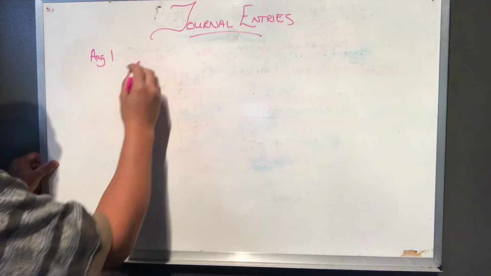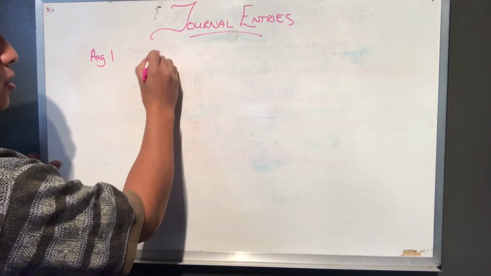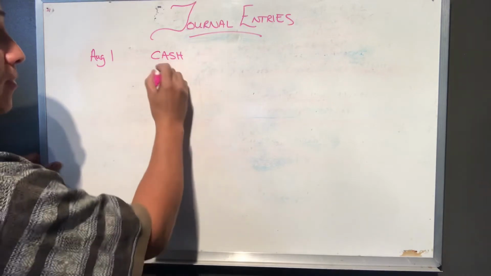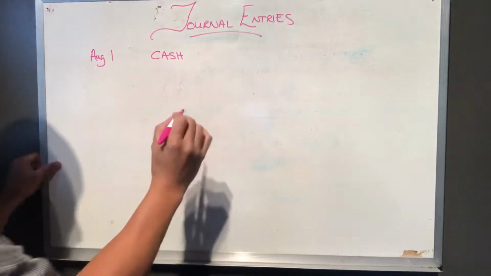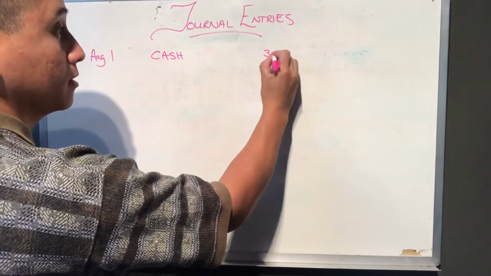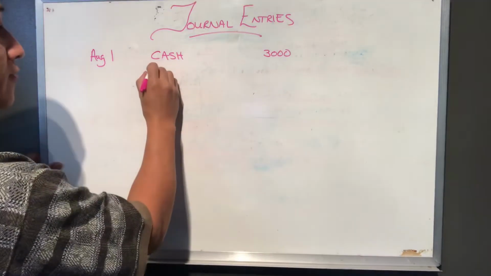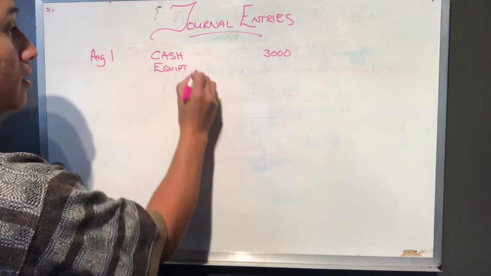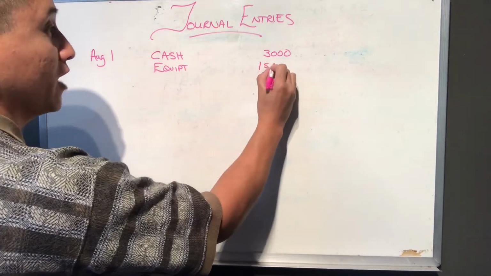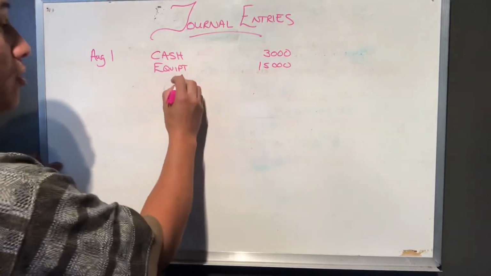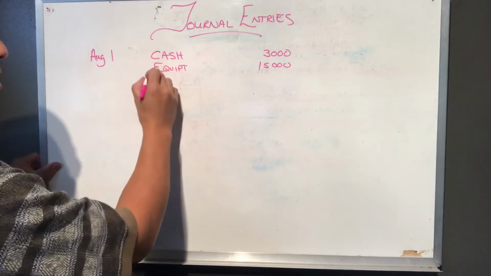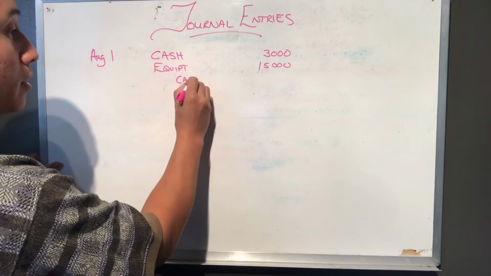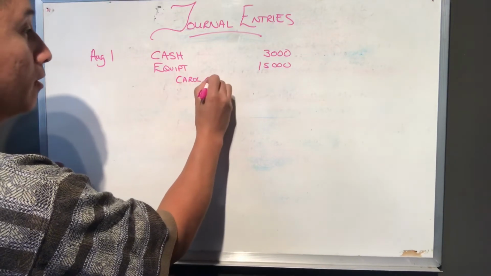So because she's invested cash, we would account that by debits, in the amount of $3,000. She also invested $15,000 in equipment. So the offsetting, those would be debits. The offsetting would be Carol capital.